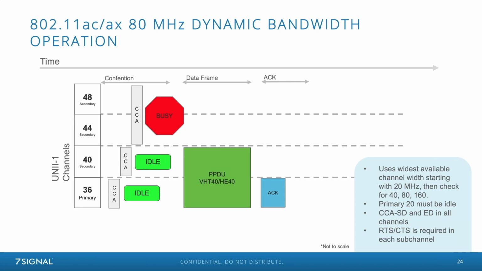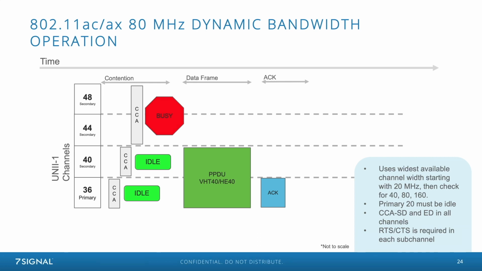What can happen in 802.11ac or AX is, if as we go through our CCA checks we find that the primary channel is idle, we can use the primary in combination with any established channel width above that, so 20, 40, 80, or 160, that's idle as well. So in this case, we did CCA in the primary and first secondary channel and found it idle, but our CCA on channels 44 and 48 found it busy.